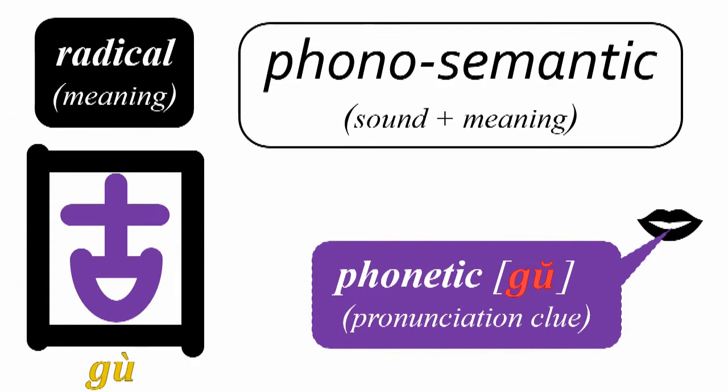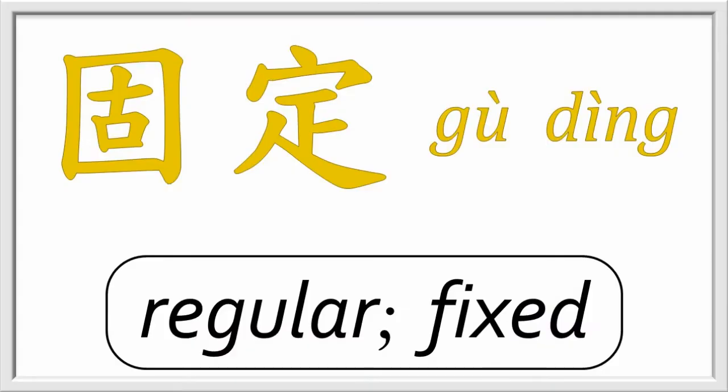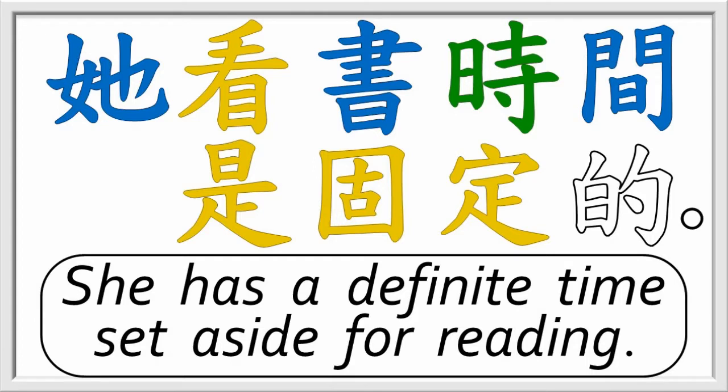It's a phono-semantic compound. If matched with the character ding from Lesson 13, we have the expression 固定, meaning to set, fix in place, or, as an adjective, regular or fixed, as in fixed working hours, regular meals, etc. For example, 她看书时间是固定的.